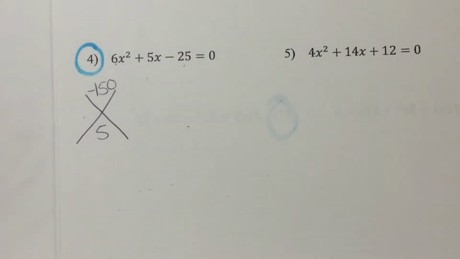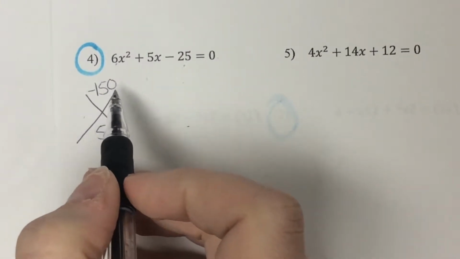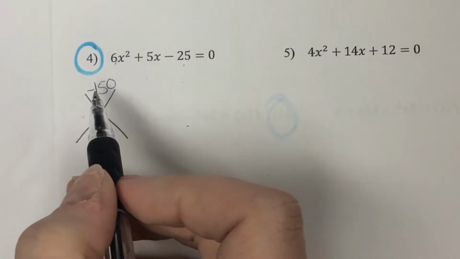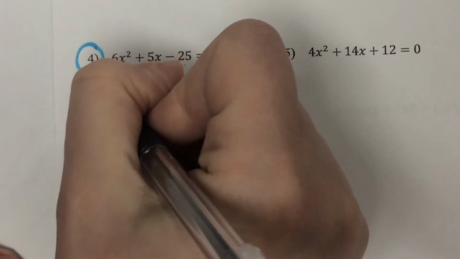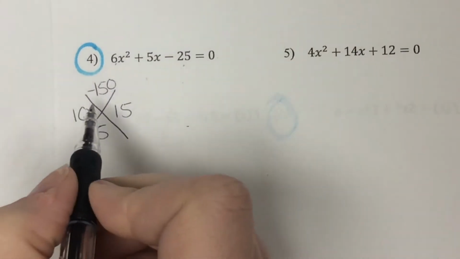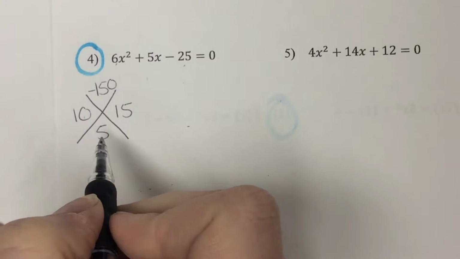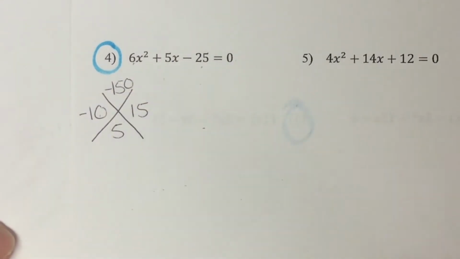Right off the bat, the very first thing I think about is, well, 150 ends in a 0, so it's divisible by 10. And that gives me 10 and 15. So I can make a 5 with that. I need a negative product but a positive sum. So that means negative 10 plus 15 gives me that positive 5.